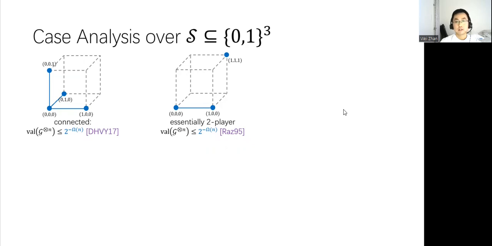And there are also essentially 2-player games. For example, here, the second and the third player always get the same input. So they can be seen as the same player, and then we have only 2 players. And other than these 2 known classes, the rest of the 4 classes are each represented by 1 support set under the symmetry.